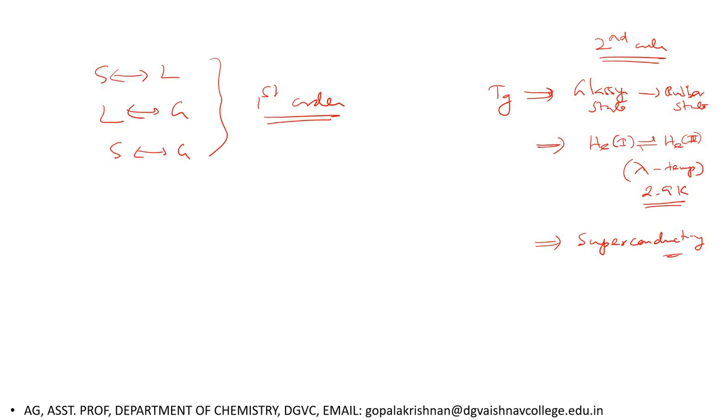The superconducting phase transition is a second order phase transition. So we have a few examples. Similarly, order-disorder phase transitions in alloys. Alloys follow second order phase transition. We have many examples of first order phase transitions, but only a few examples for second order. Higher order phase transitions are very rare.